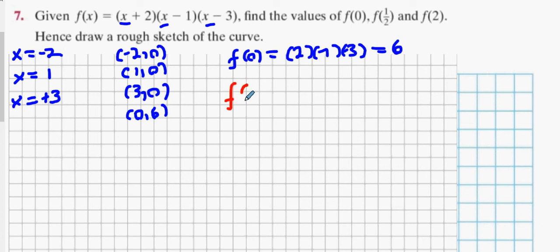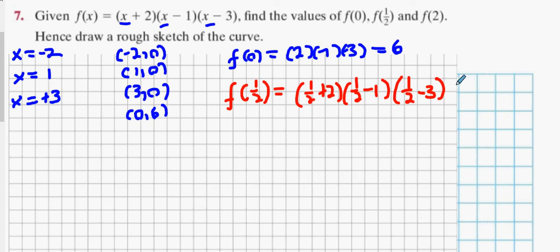Alright, let's do a half now. So what's f a half? Half plus 2. A half take away 1. And a half take away 3. Anybody got the answer for that when you lob it all into the calculator? 3.125? Okay.